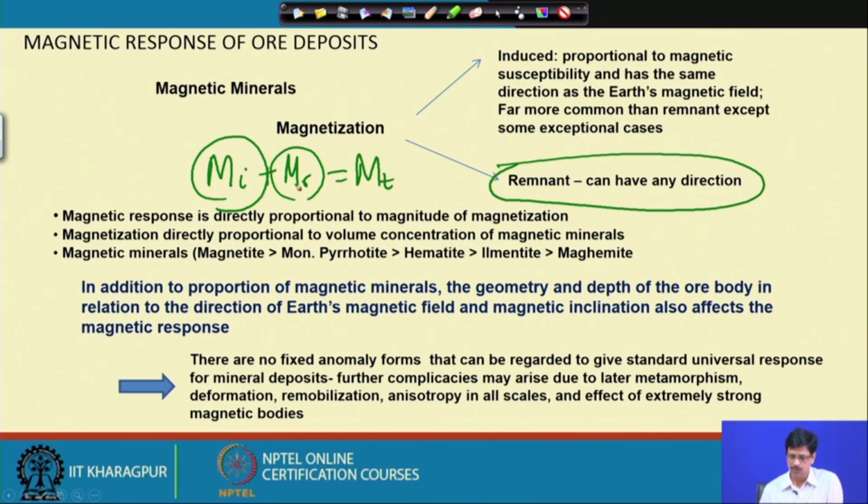Standard textbooks will always give the values of magnetic susceptibility of different minerals, and for rocks the values will be available based on the dominant constituent minerals. The magnetization is directly proportional to the volume concentration of these magnetic minerals, and the magnetic minerals are essentially monoclinic pyrrhotite, FeS, and magnetite, which is the most dominant one.